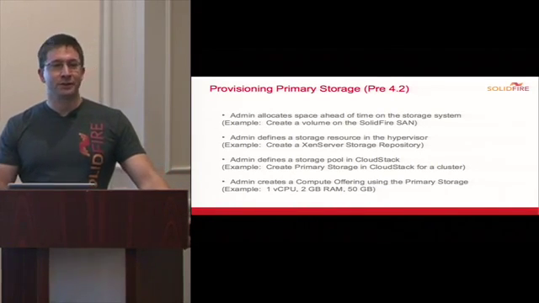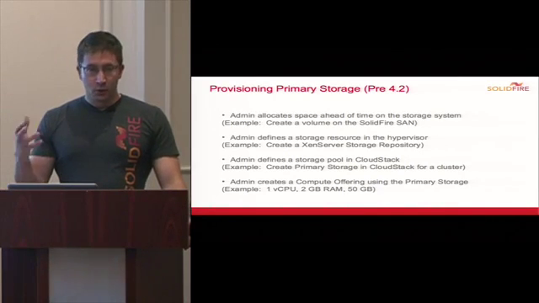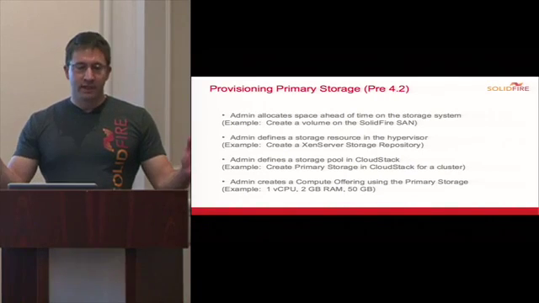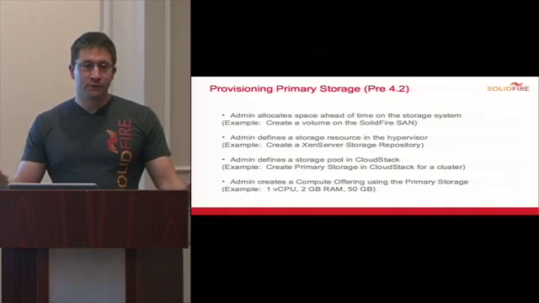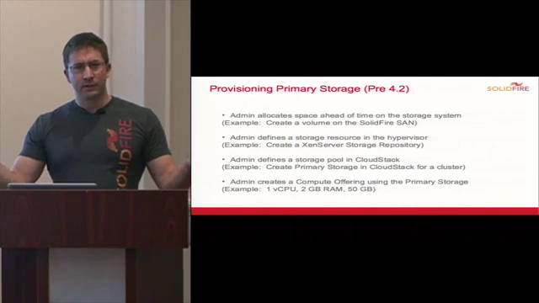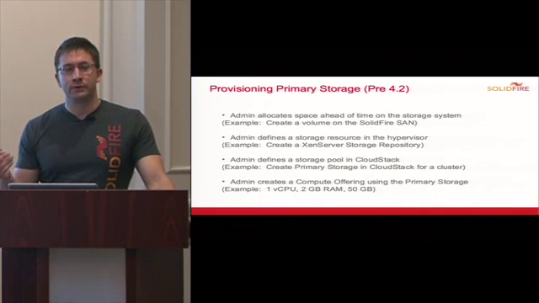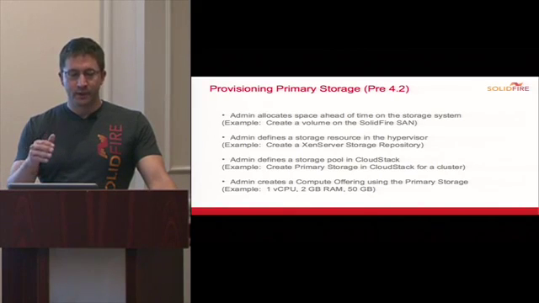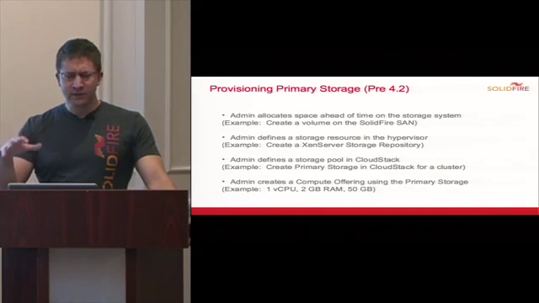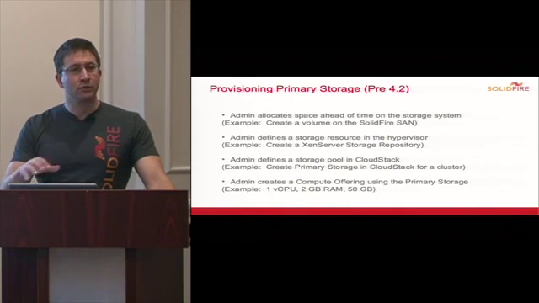You might go off to your SolidFire GUI, create a large LUN, maybe 8 terabytes, maybe a bunch of 2 terabyte LUNs, just something very large. The idea there being that you're going to host multiple virtual disks on that LUN. So once you've done that, your next step, and this is all manual, your next step is to go over to the hypervisor.